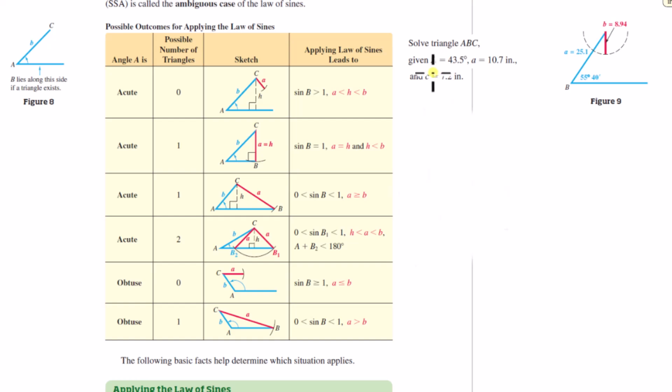Now the first thing we do is we look and see, do we have an acute or obtuse angle that we're given? Well, it's an acute angle, so we know it's not one of these cases. Okay, so let's draw a horizontal line here and put in a side length at about 45 degrees-ish, a little bit less. Okay, that's fine.